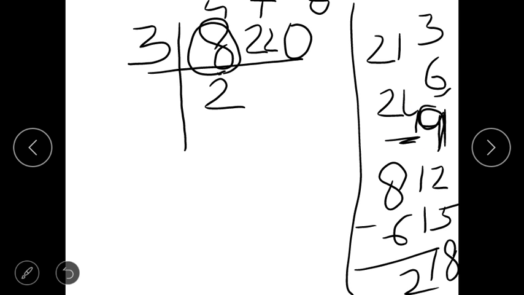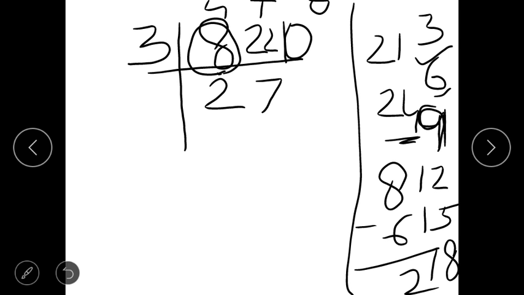So we'll go 7 times only. That is 3 sevens are 21. Now 22 minus 21, how much is left? 1 is left. So 1 will go with the ones place, that is 10. Okay, you don't have to write that here, I am doing this just to make you understand. 10 will go there.